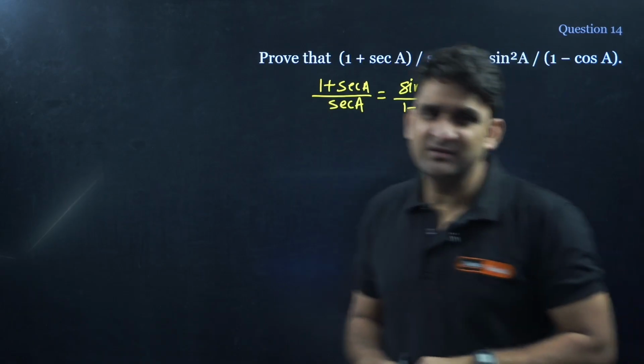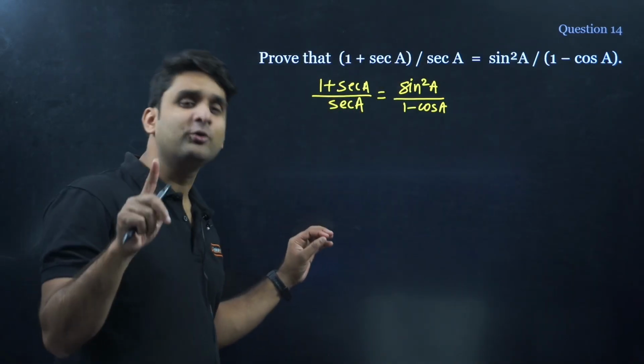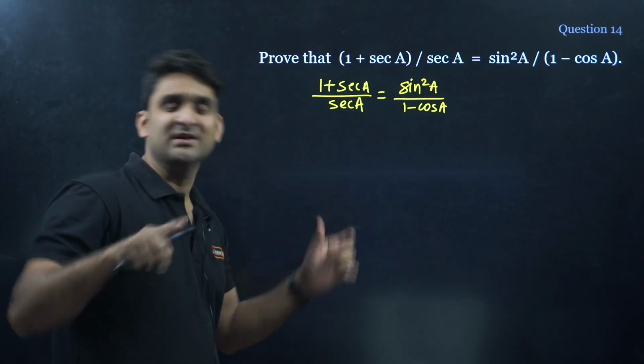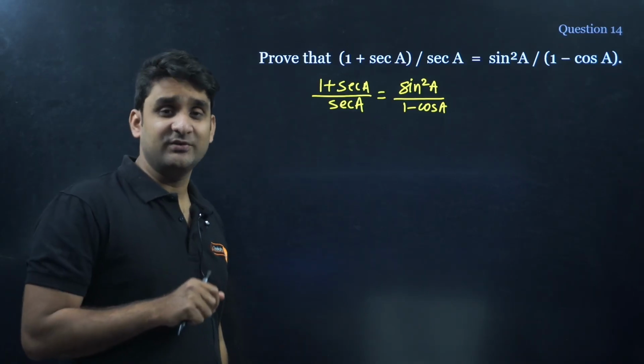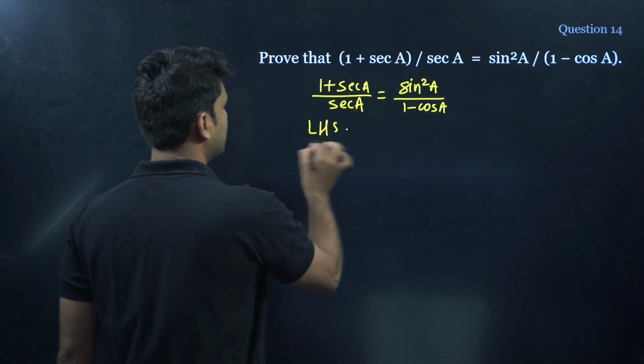This is really a very easy question. Let me show you how. In this question, we have to operate both the sides, RHS as well as LHS separately. So let's do operation of LHS.